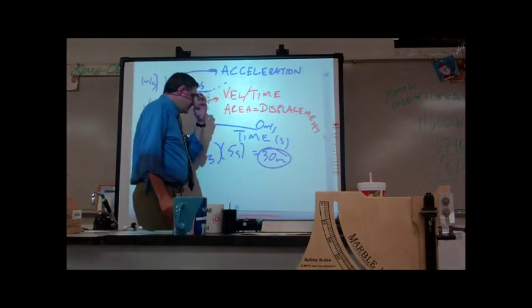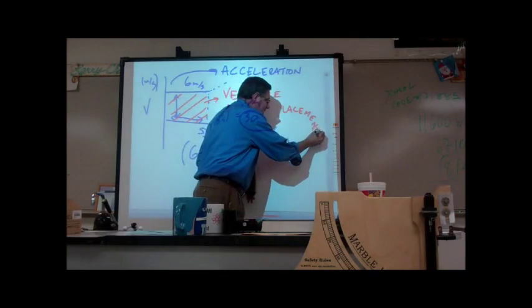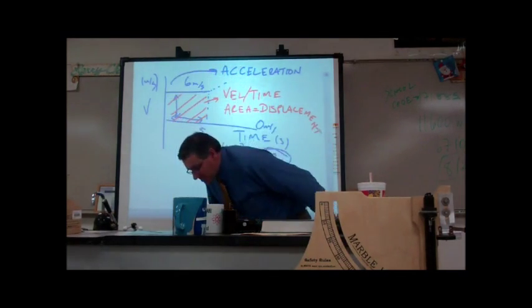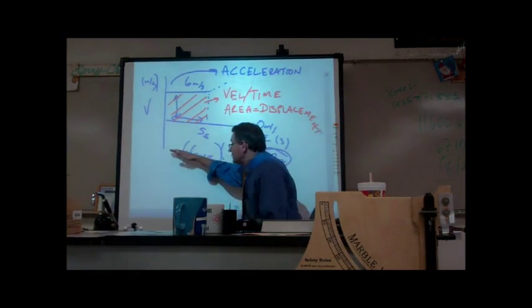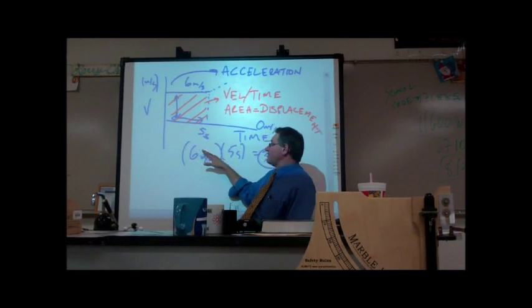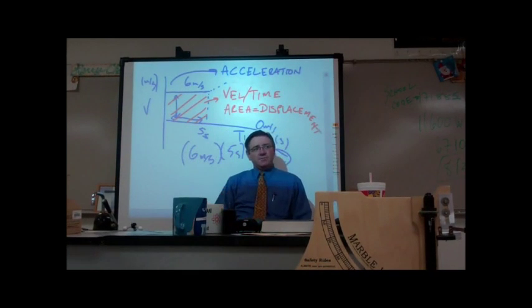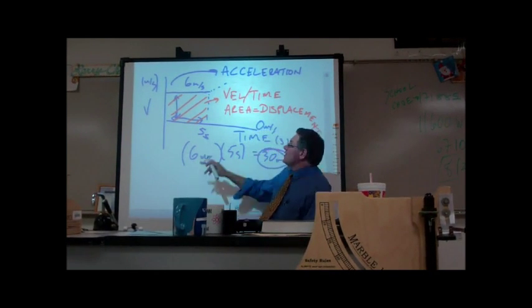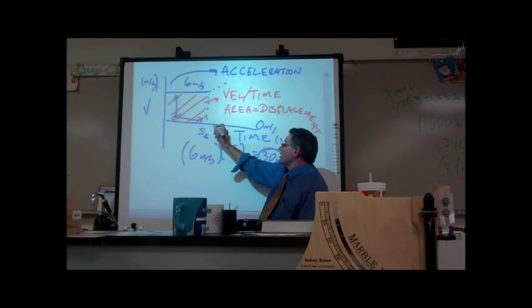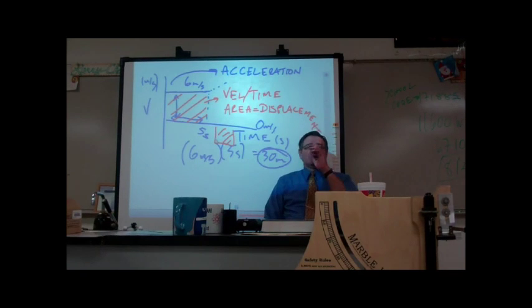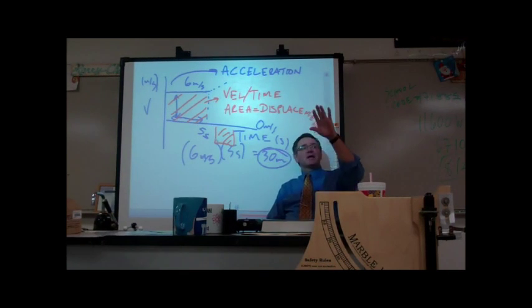Now, the reason that I say displacement and not distance is because if this had been negative 6 meters per second for 5 seconds, the area would have been negative 30 meters. So you can have areas up here, you can have areas down below the 0 meters per second. Doesn't make any difference. That's why we say that it's displacement and not distance.